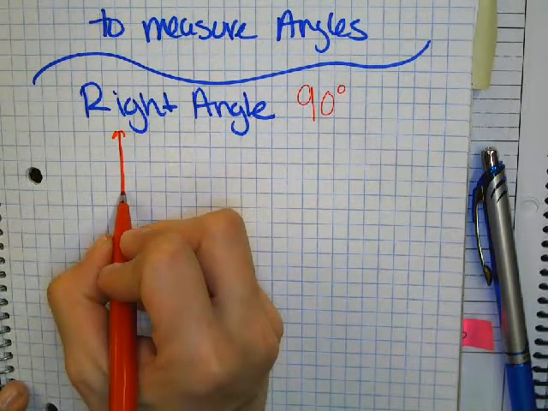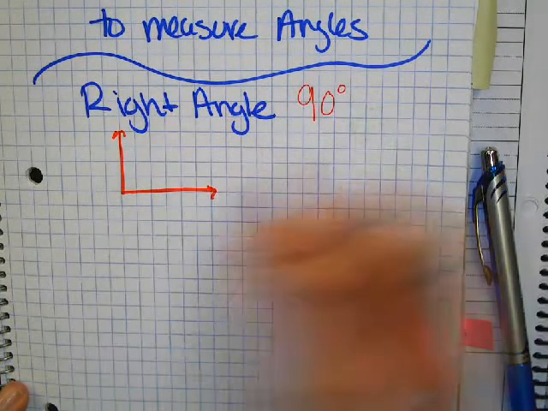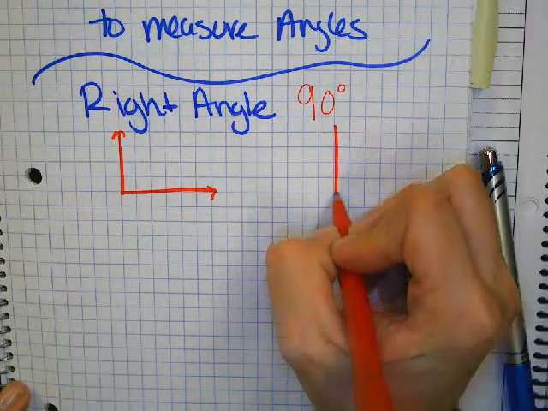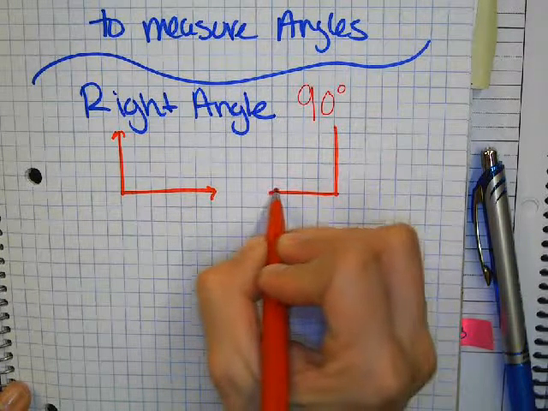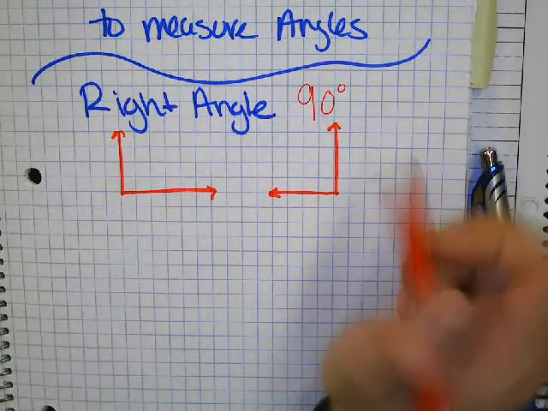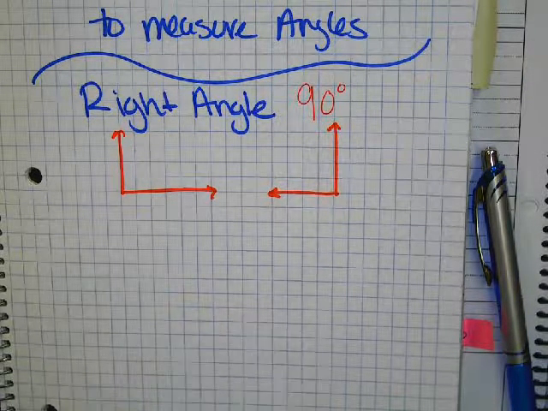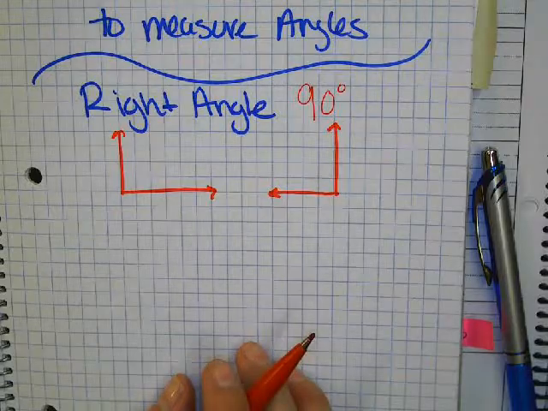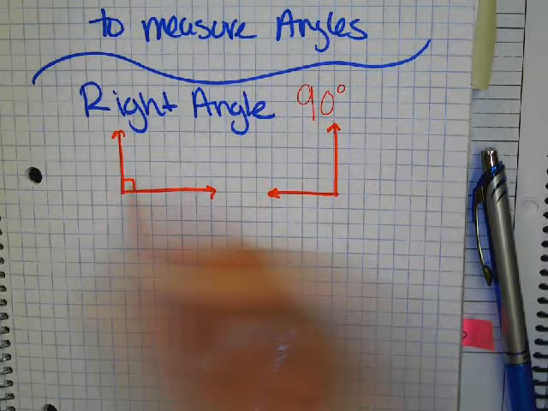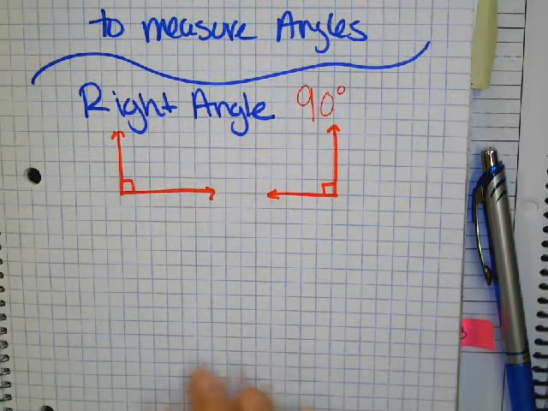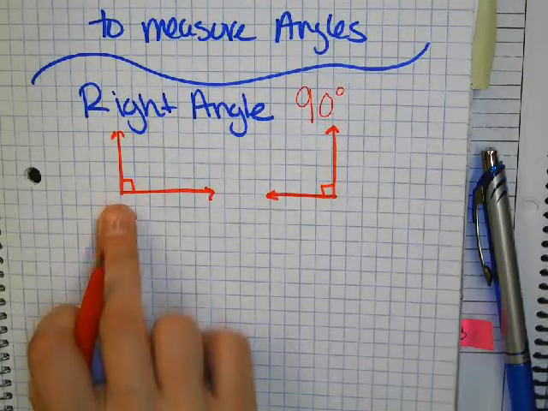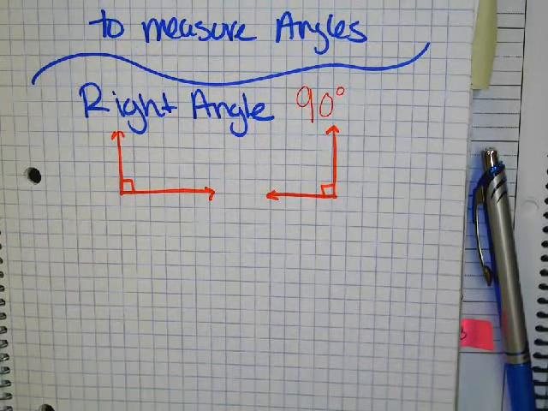Sometimes it faces this way, right? And sometimes it faces the other way. I'm just doing a rough little sketch. Now, does anybody know what symbol is used to identify it's a right angle? Jose? Good. A little square right there, right? That's the universal symbol for 90 degrees, that little square. Cool.